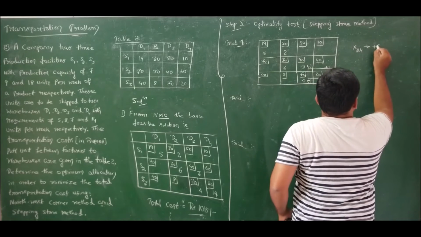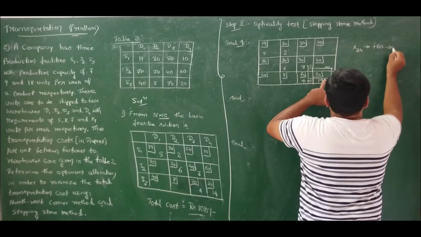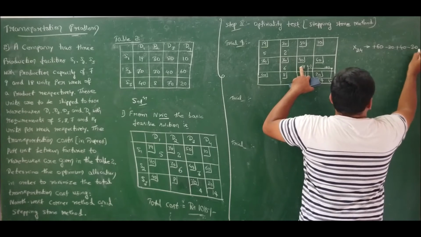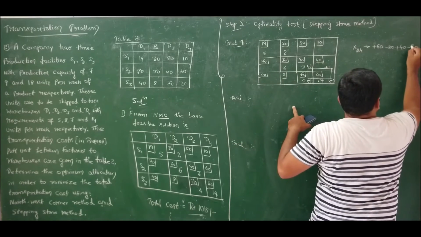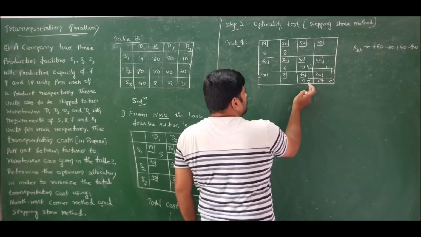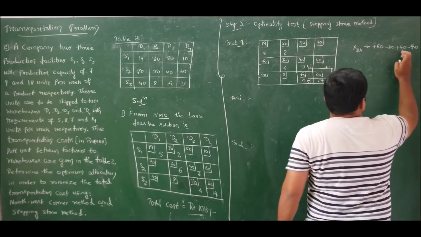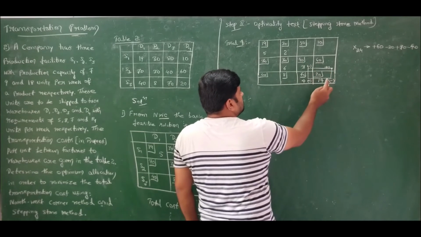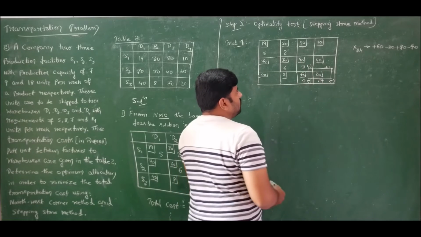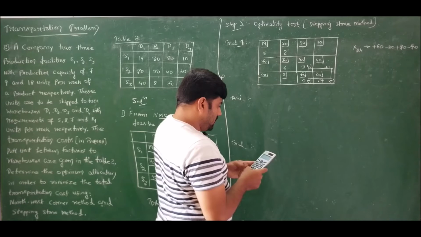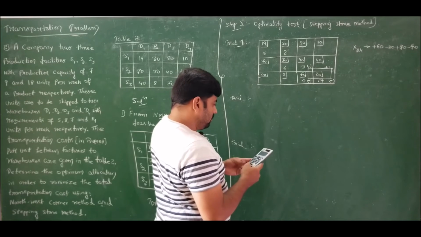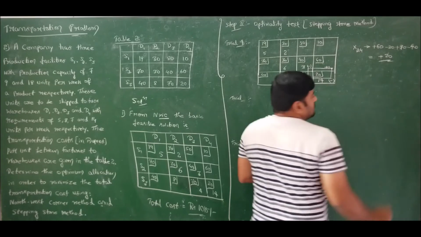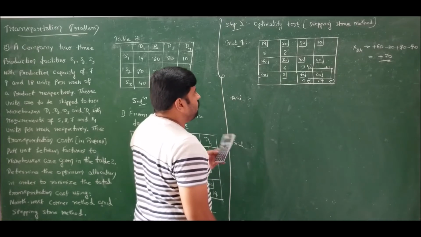Here we have plus 60, the unit cost will be minus 20, and then we have plus 70 and minus 40. So we have 60 minus 20 plus 70 minus 40. So this is also giving a net increase of plus 70, which is undesirable for us. So therefore trial 4 also failed.